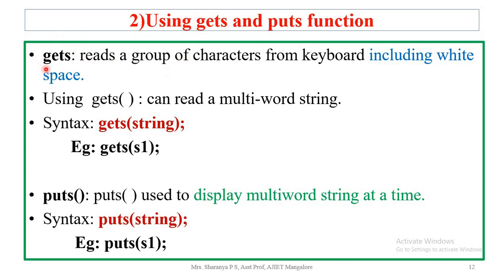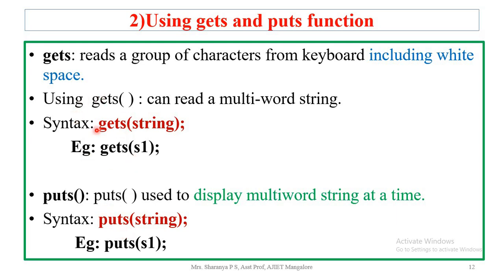The gets function reads a group of characters from the keyboard including white space. That is, the problem we had in scanf is completely overcome by using gets. Here we can give any words with a lot of spaces or with a newline character.